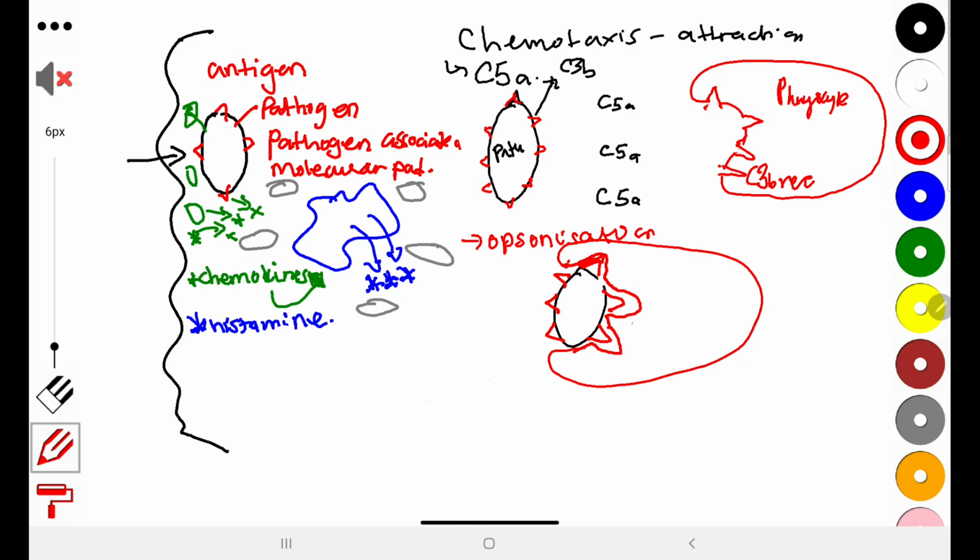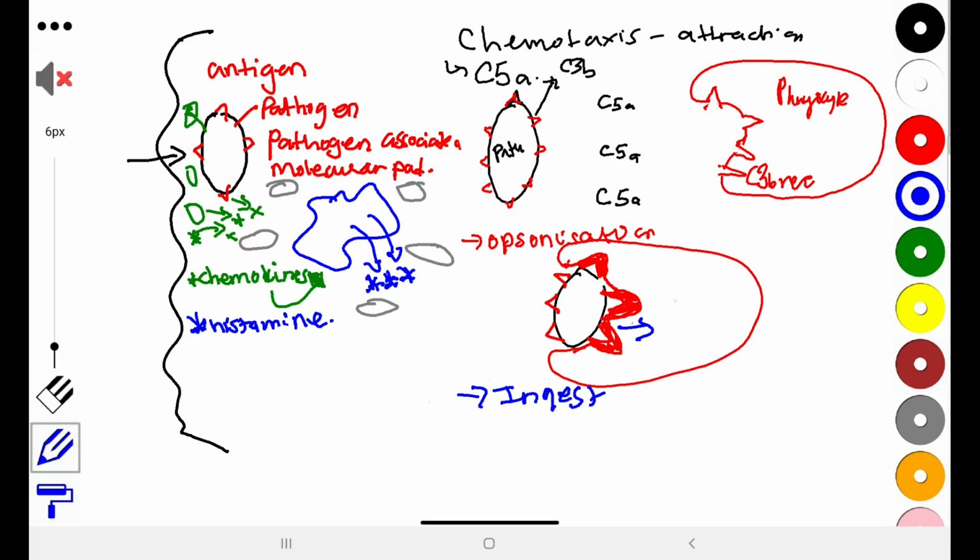Upon binding, what is going to happen? Then we're going to see that it's going to be ingested. It's going to be taken into the phagocyte. Because it's bound, it will just be taken into the phagocyte. And in the phagocyte, it is kept in a phagosome.